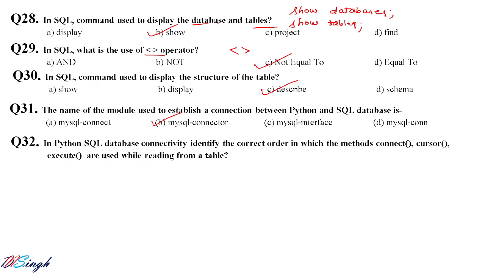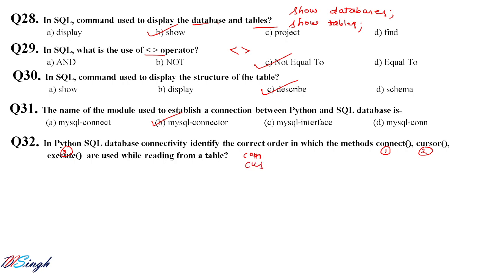In SQL database connectivity, identify the correct order in which the methods connect, cursor and execute are used while reading from the table. First we create a connection object. Then, with the help of the connection object, we create the cursor object.